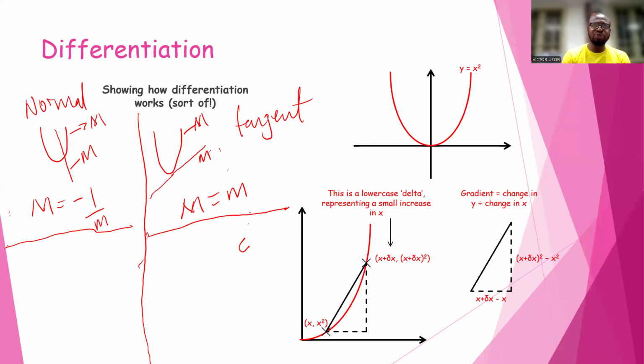What you do is differentiate the curve, find the gradient, then use the gradient with the point given to you to find the equation of the line using the one-point formula. The line is y = mx + c, and the one-point formula is y - y1 = m(x - x1), where y1 and x1 are the point of intersection between the curve and the line, while m is the gradient.